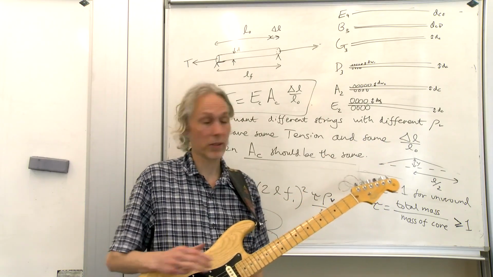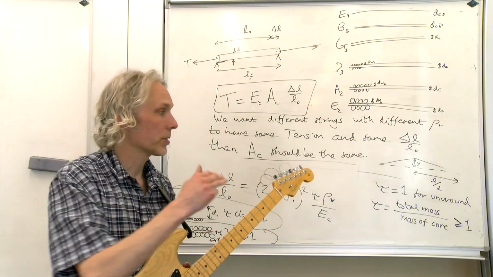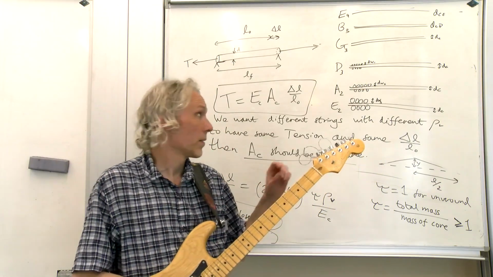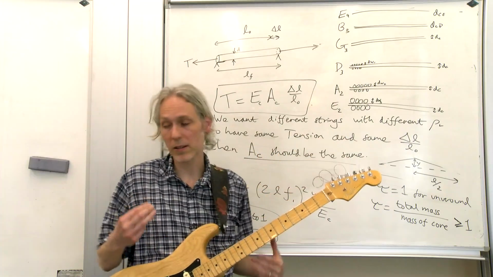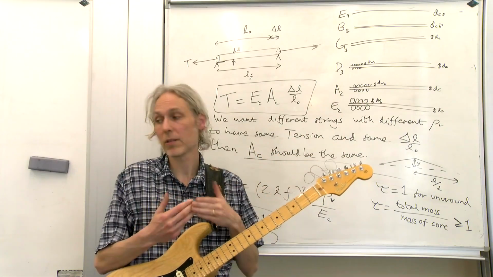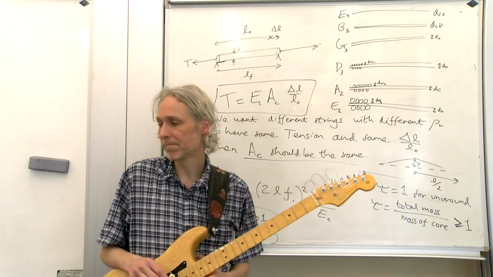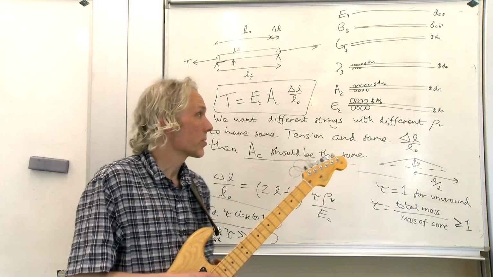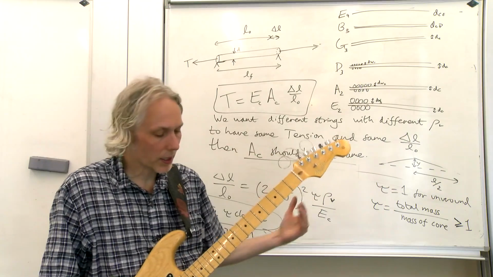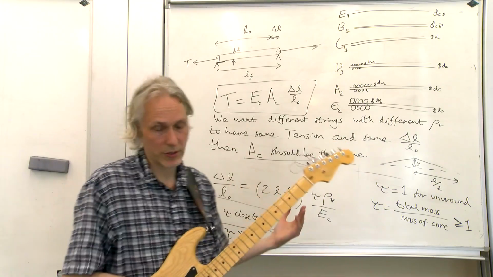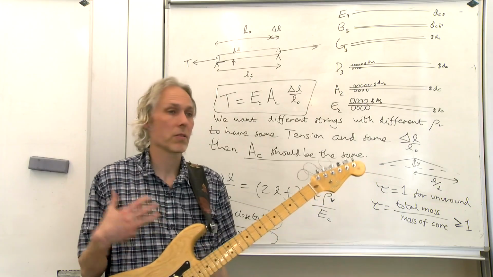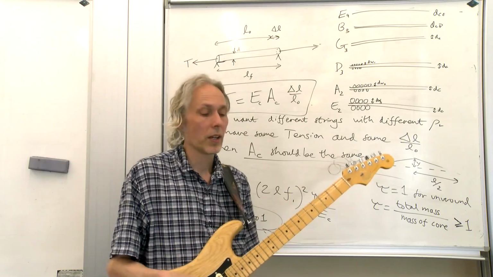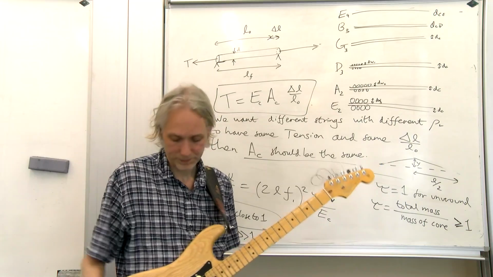When you're moving the tremolo arm, the main thing you're doing is actually adding in one of these delta L things, the extra length stretch onto the string. And in doing so, if the delta L's are the same for the different strings, you should get pretty close to the same intervals when you move the tremolo arm.